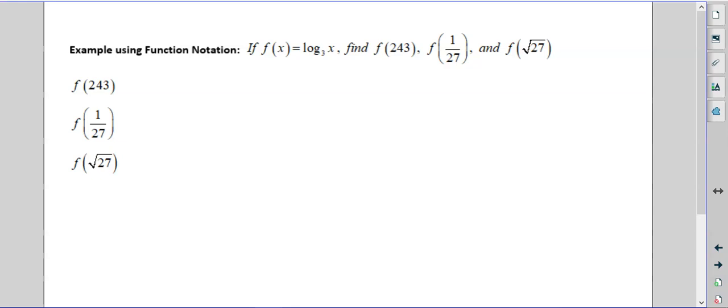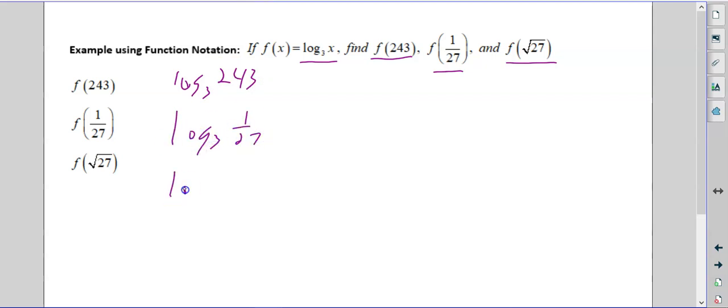Okay, example using function notation. If f of x is log 3 of x, find f of 243, f of 1 over 27, and f of the square root of 27. So what it's saying is you're going to do log 3 of 243, log 3 of 1 over 27, and log 3 of the square root of 27, which again, remember, is the same thing as 27 to the 1/2.